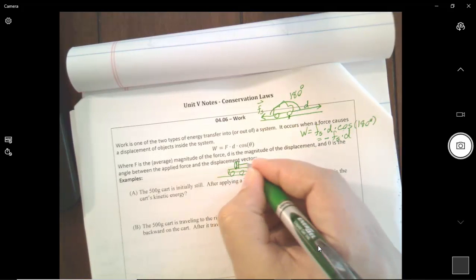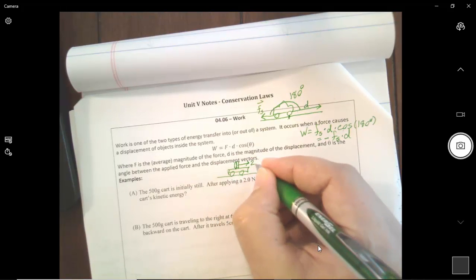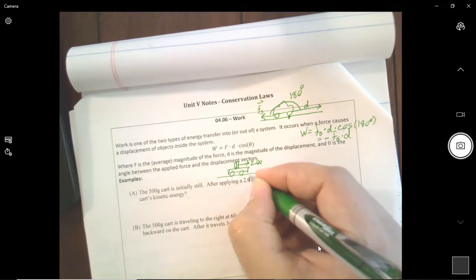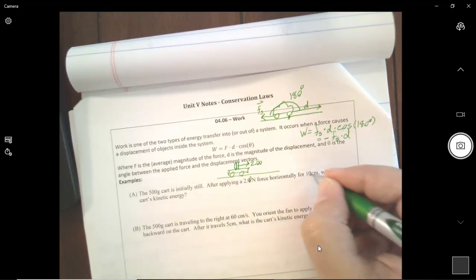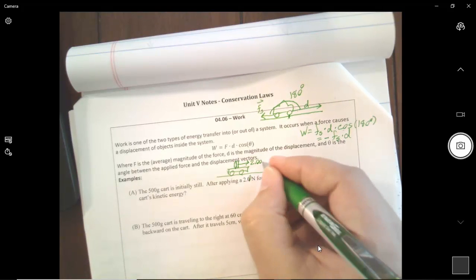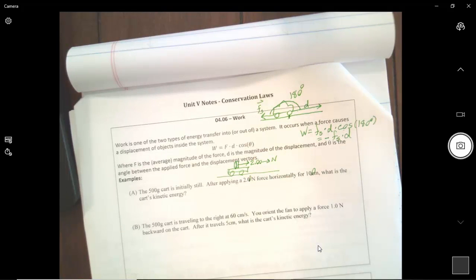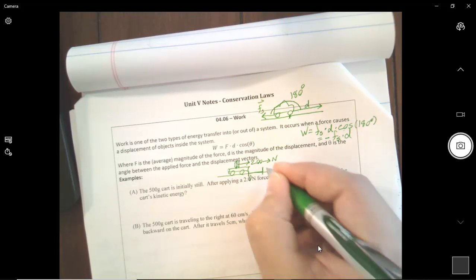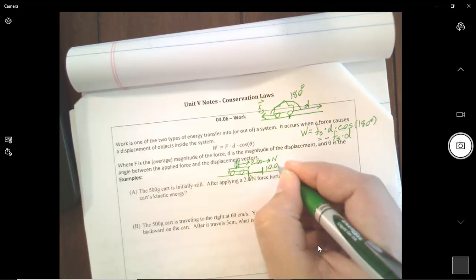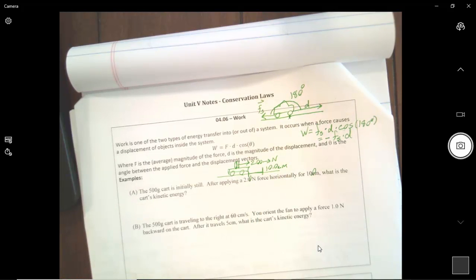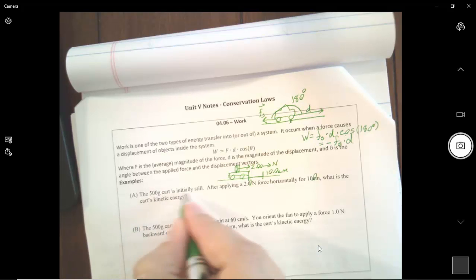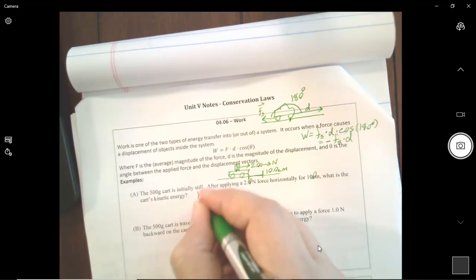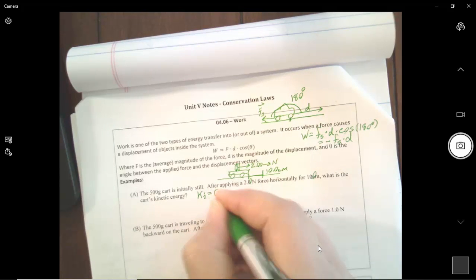So that thrust force is causing a 2.00, I don't know why I insist on 3 sig figs, but I want it, Newton force. And in our first example here, we're going to go 10 centimeters.